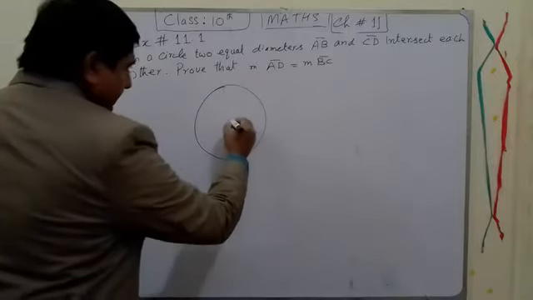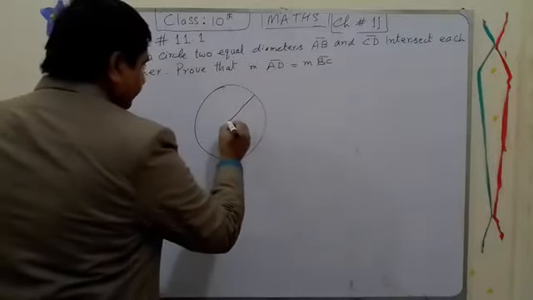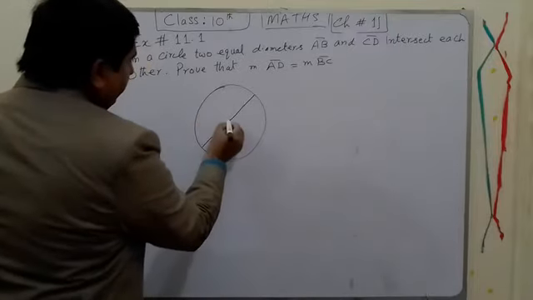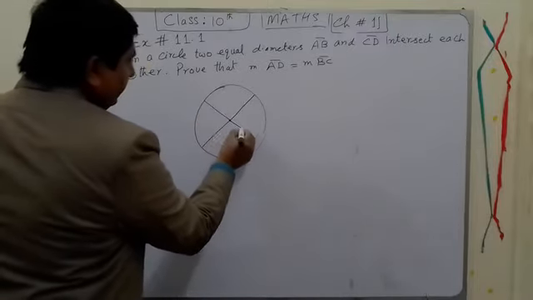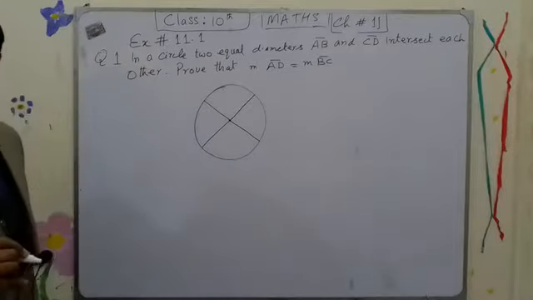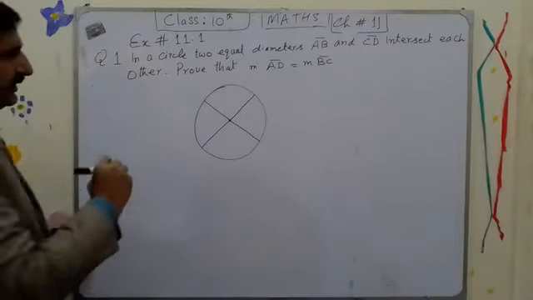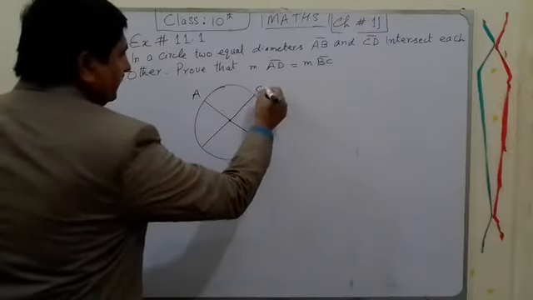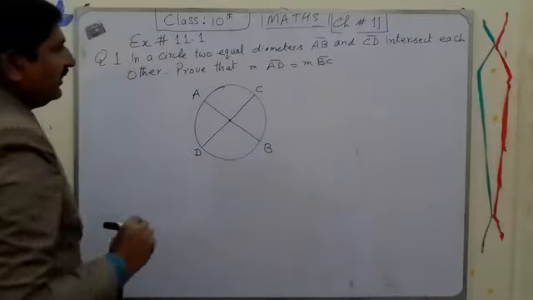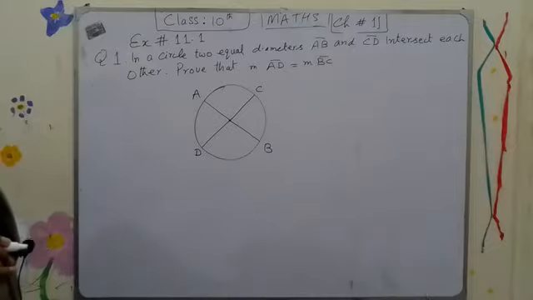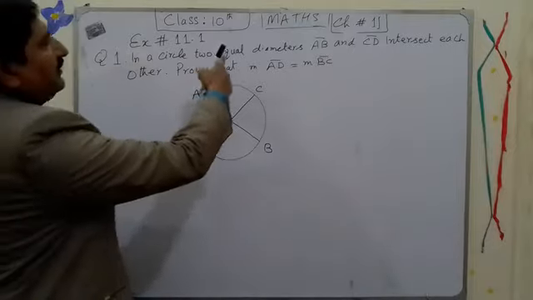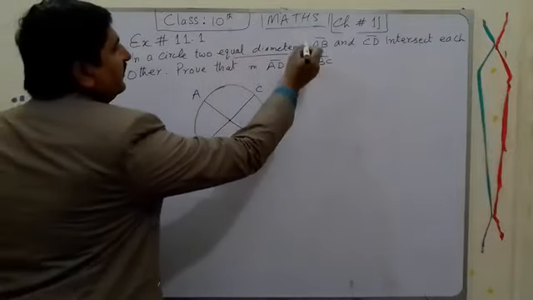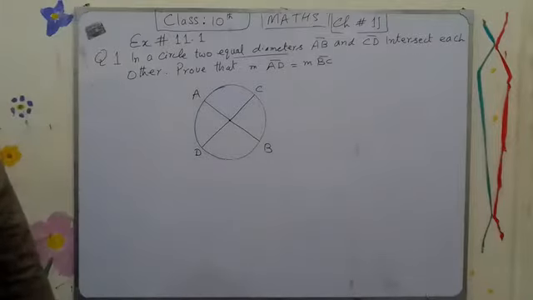Let's say that this one is a diameter, and this one is also a diameter, right? I notate these diameters as AB and CD. So what we have been given here is only two diameters and they are equal diameters, AB and CD.